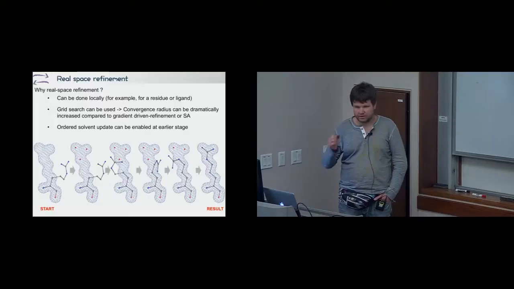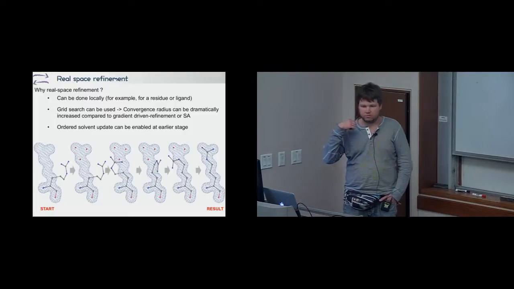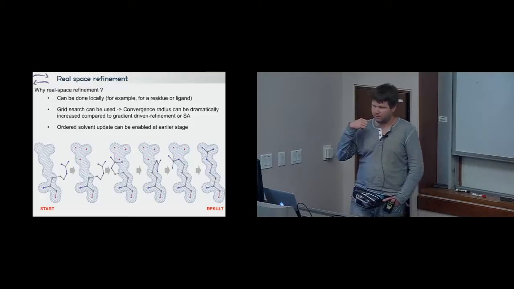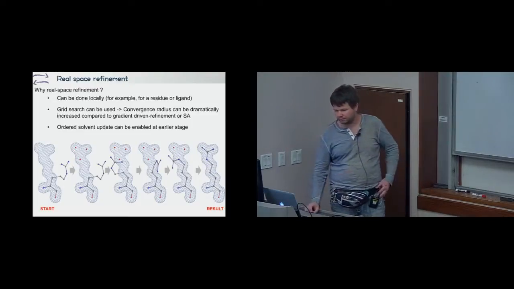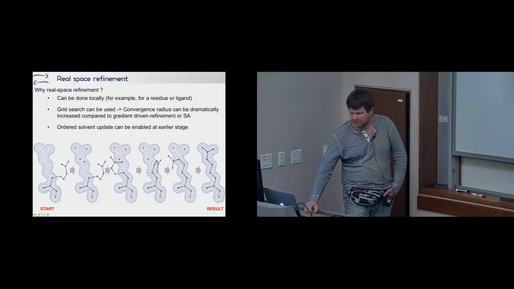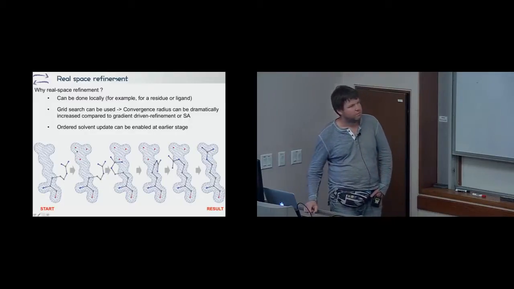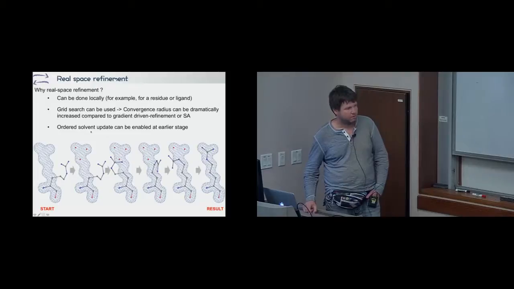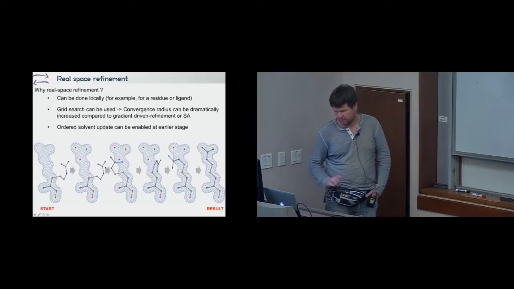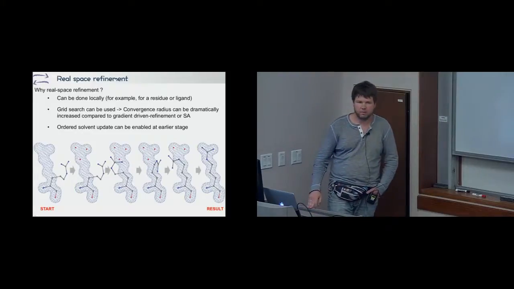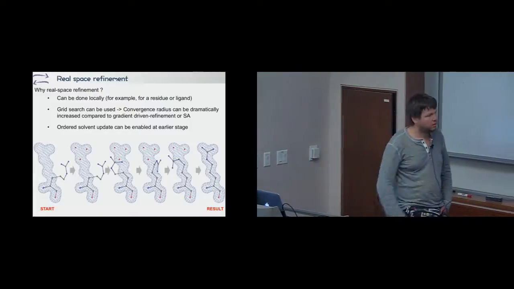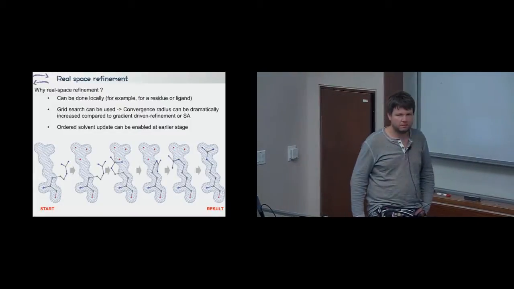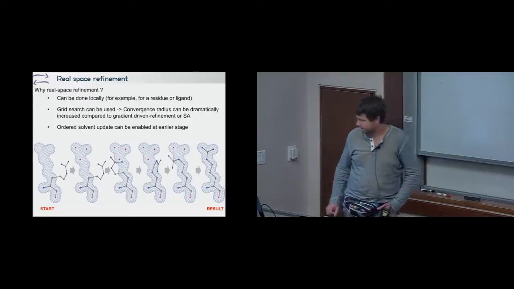For example, you can take a side chain and just sample all chi angles. Again, that can be very, very fast and have a huge convergence radius. So things like this can be performed very quickly as part of real space refinement. That's why it's a very powerful complementary part. Do you do this by hand or what? No, it's done fully automatically as part of Phenix.refine.